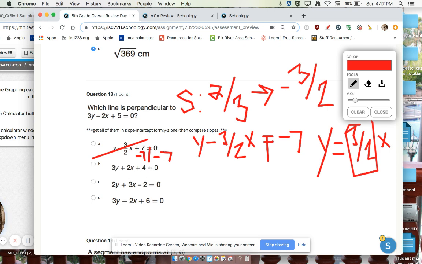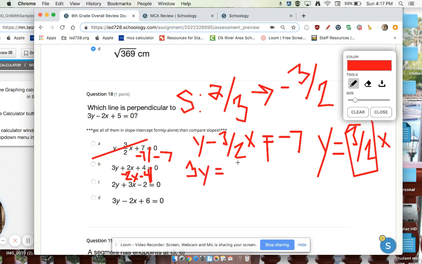I'm just going to multitask here. I'm going to minus 2x to both sides, and I'm going to minus 4 to both sides. So, minus 2x and minus 4, and I get 3y equals negative 2x minus 4.